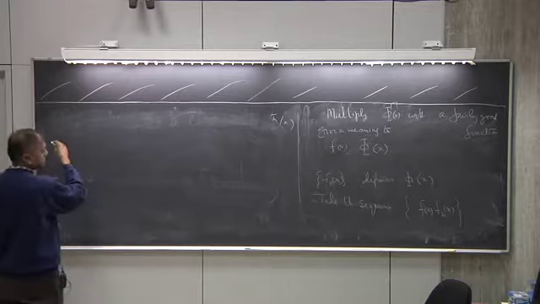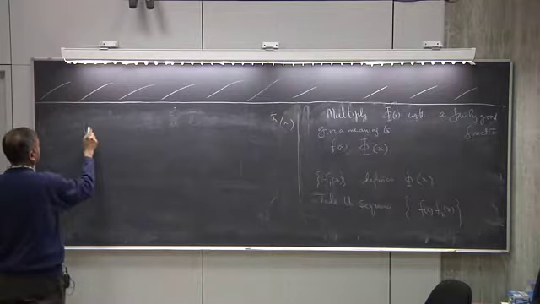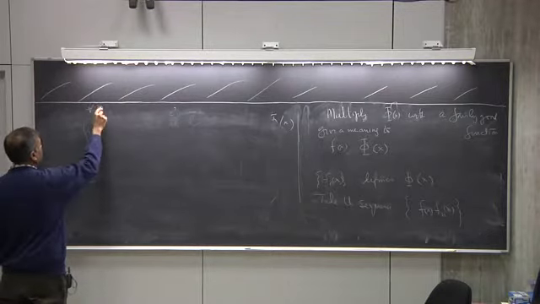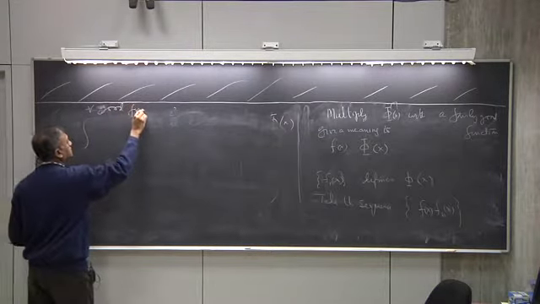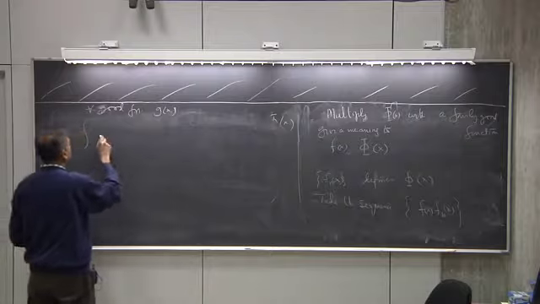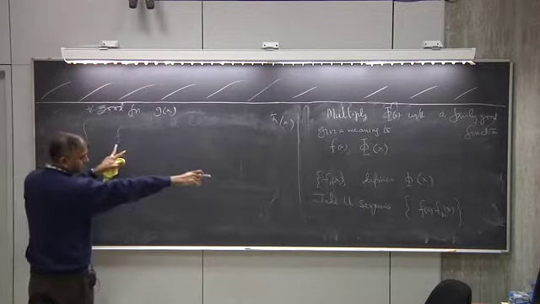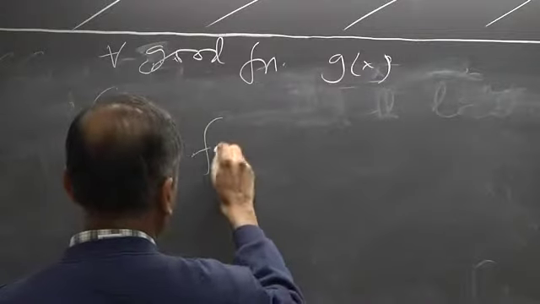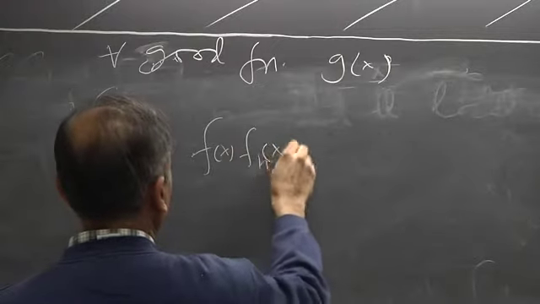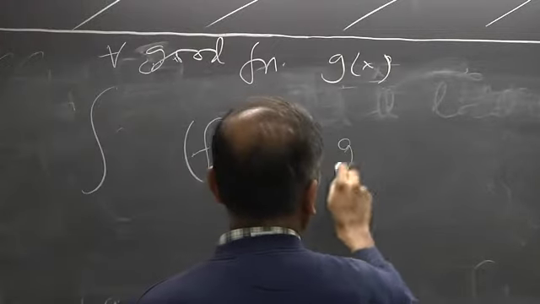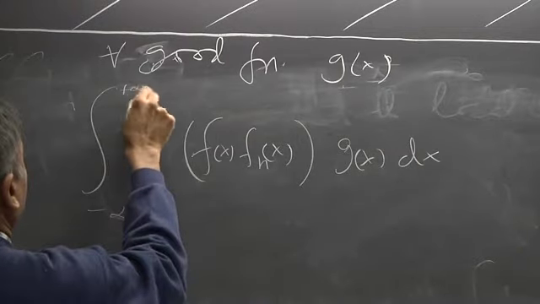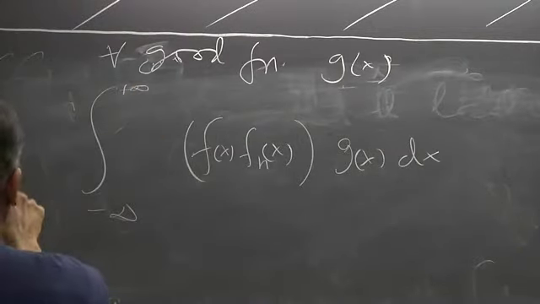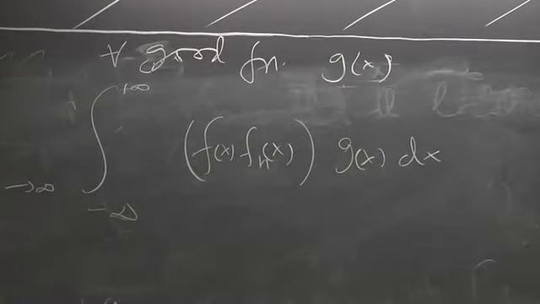So we are asking that for all good functions g(x), if I take the element f(x) f_n(x), multiply it by g(x) and integrate, does the limit exist? That's the question.